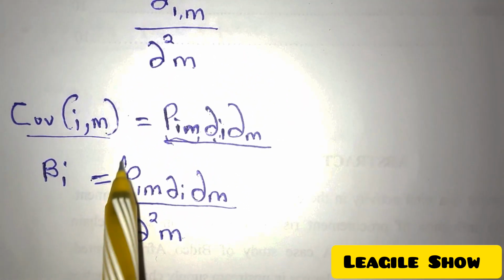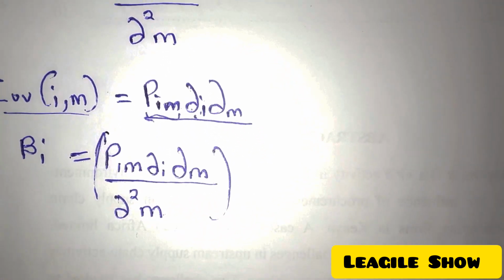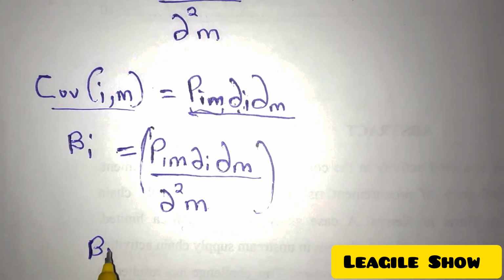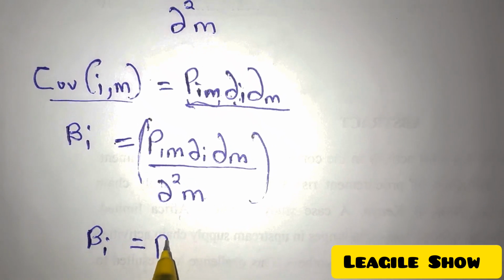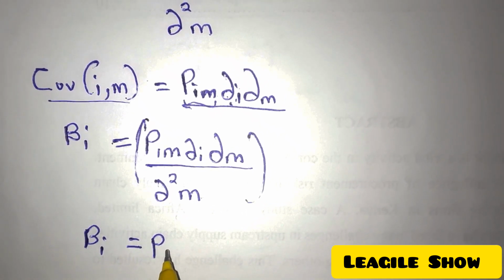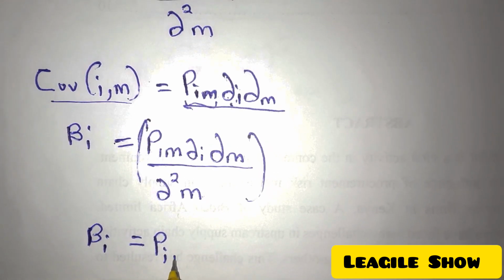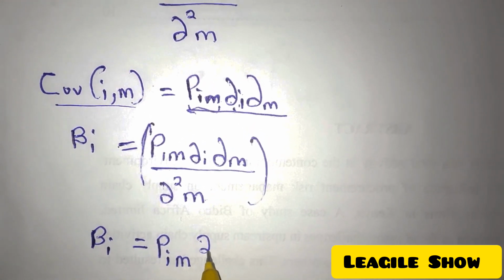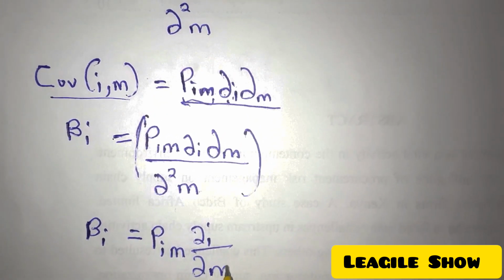So if you work this out, what are we going to arrive at? That means our beta of this particular security will be the correlation coefficient between that security i and that of the market, times sigma of that security over sigma of the market.